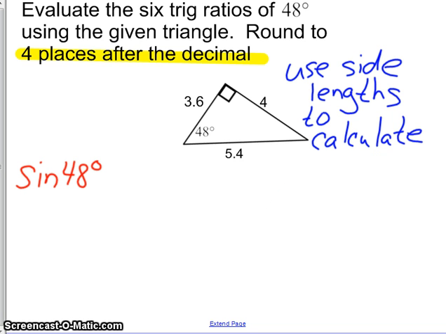Sine of 48 degrees is opposite, which is 4, over hypotenuse, which is 5.4. Again, your angle is not always in the same place. Your hypotenuse is not always in the same place. I'm just using a calculator. 4 divided by 5.4 gives me 0.7407.